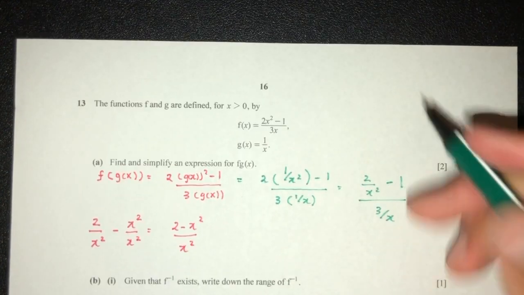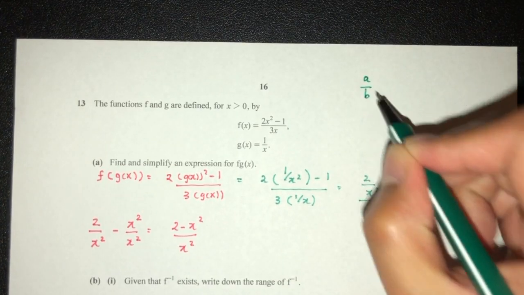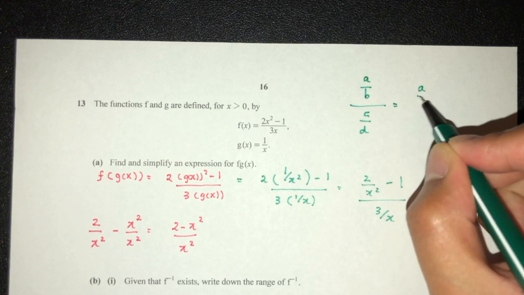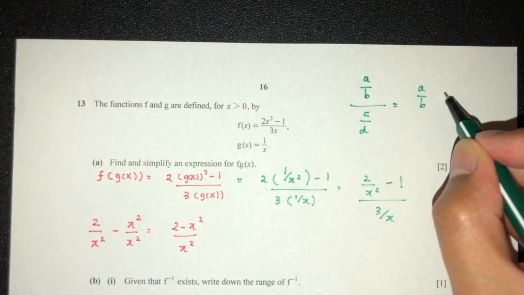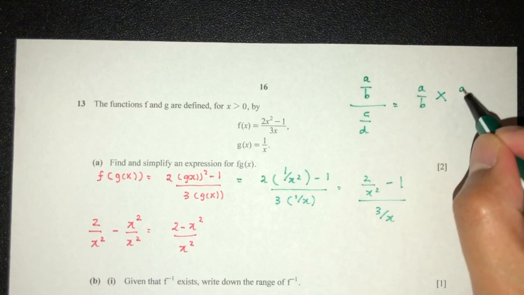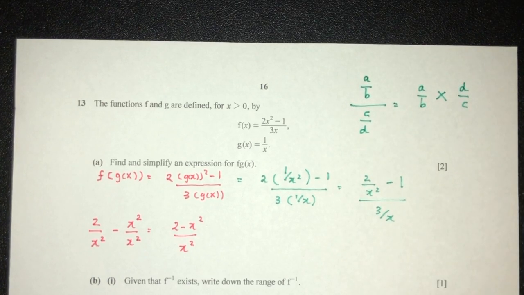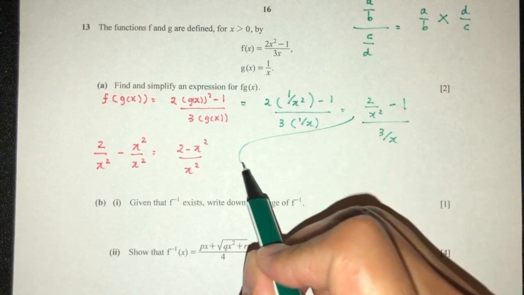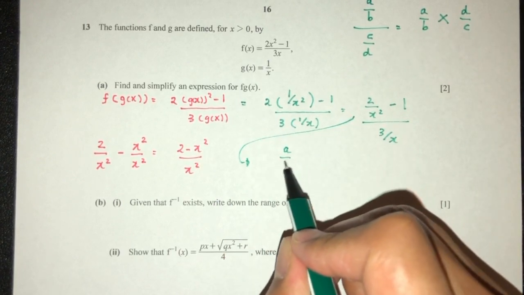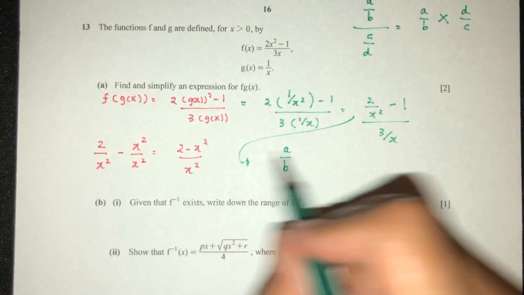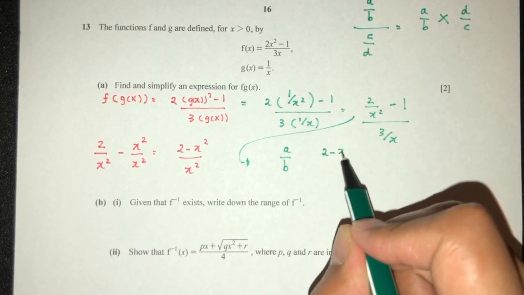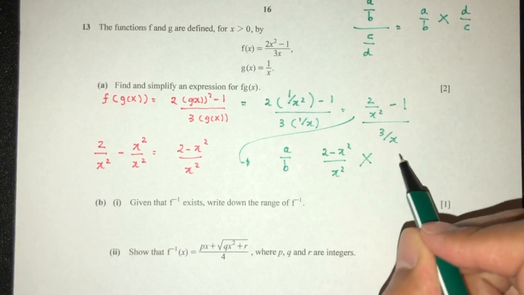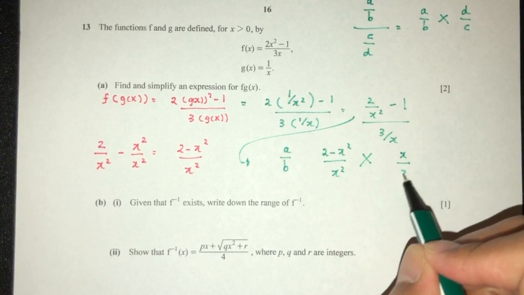For example, when we have a over b divided by c over d, we can rewrite this as a over b, we change divide to multiply and flip this upside down. Here you go. Same idea here. This will become a over b, which is 2 minus x squared over x squared, multiplied by, to flip this, x over 3.